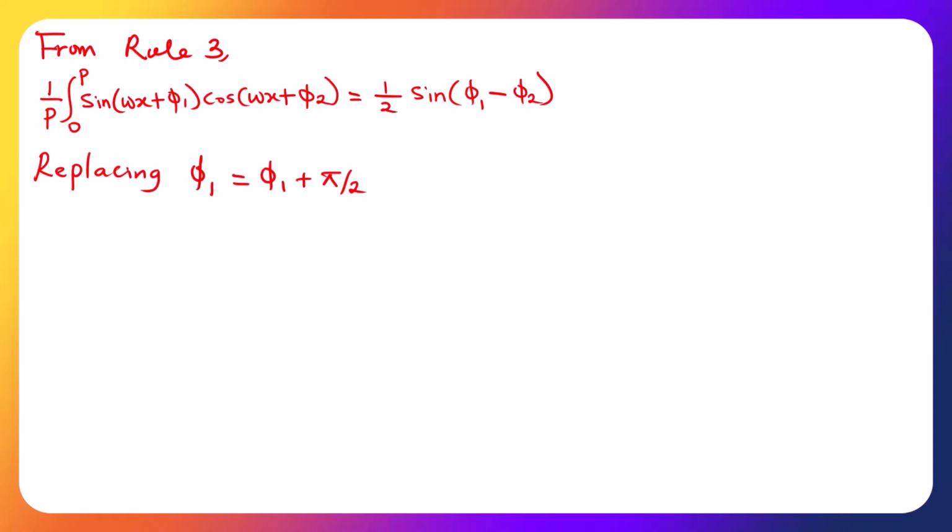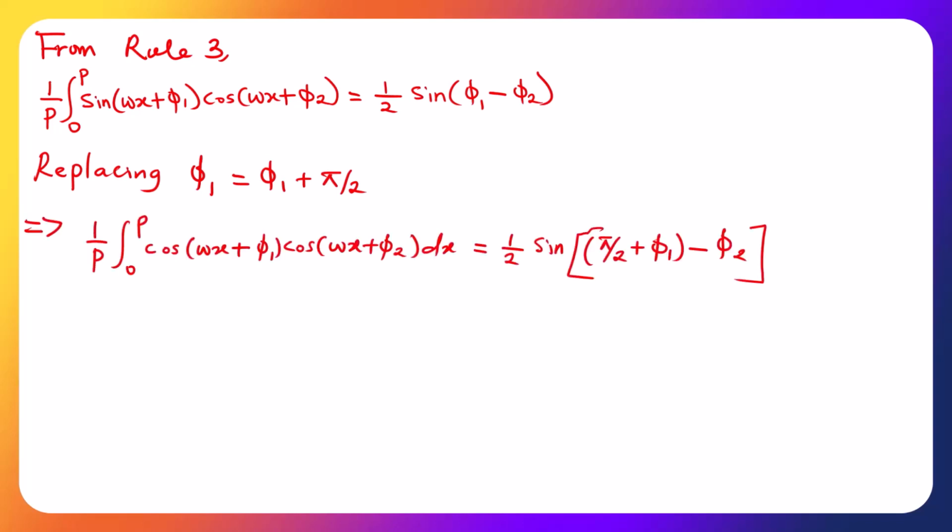So if we replace phi 1 with phi 1 plus pi over 2, then we have that 1 over p, the integral from 0 to p of cos of omega x plus phi 1 cos of omega x plus phi 2 dx is the same as 1 over 2 sine of pi over 2 plus phi 1 minus phi 2.